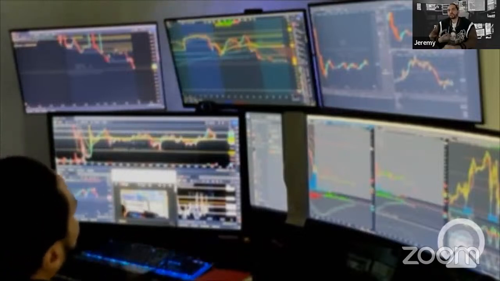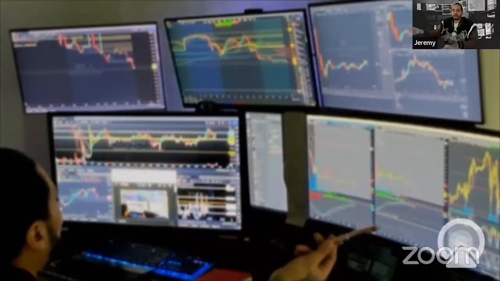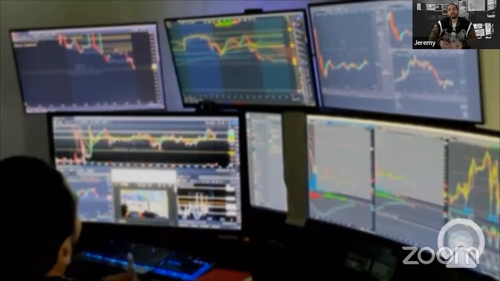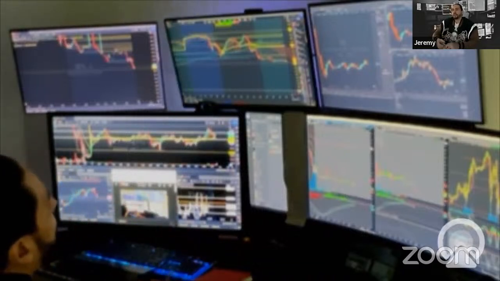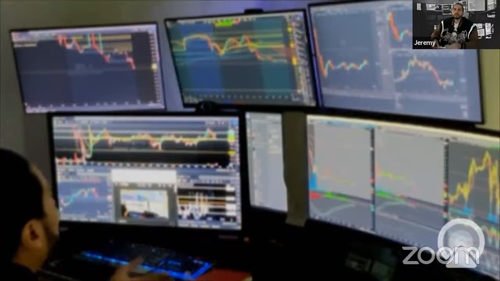I'm using indicators, you're using indicators, maybe he's not. But the whole thing is how is the person using the indicators? Which indicators are you using, how long have you been using them? Are you familiar with them? Do you know what they mean? Do you know what they do? So that's a big thing. Yeah, I do use indicators.